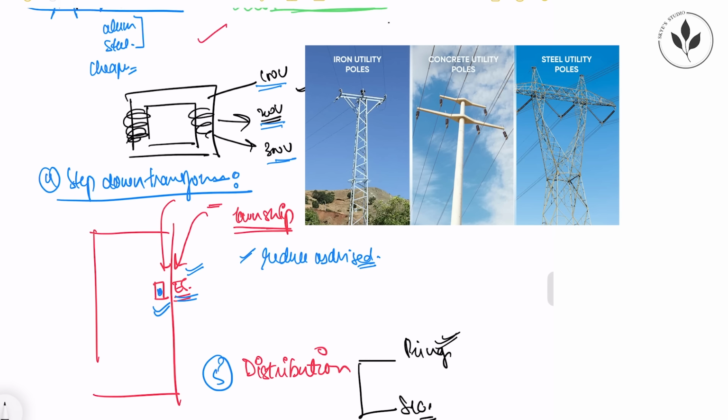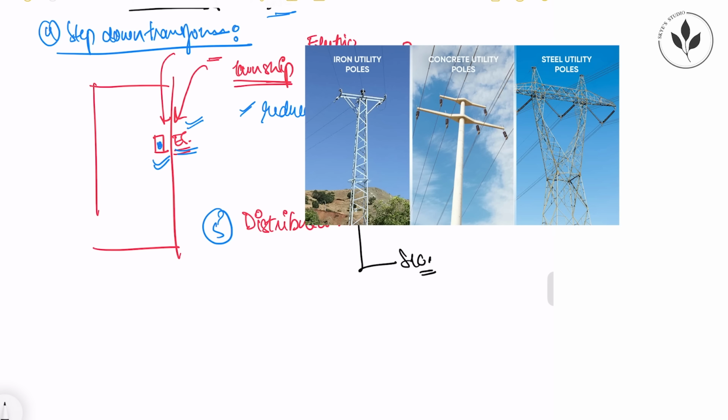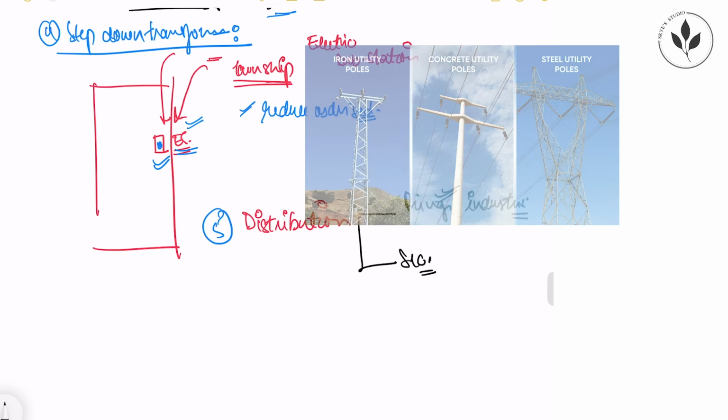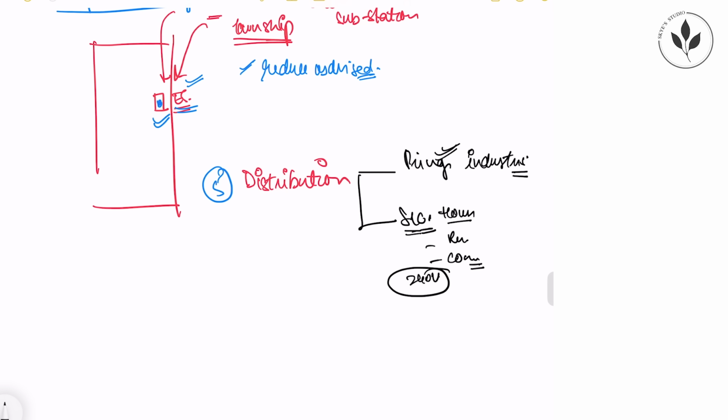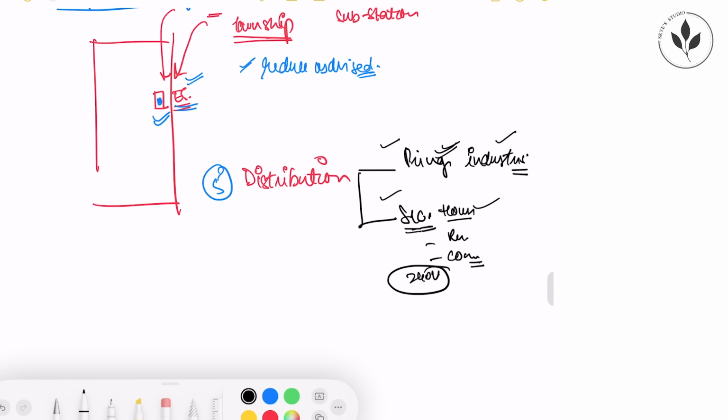The primary distribution refers to the distribution that is sent to our industries, because in industries we need more electricity, a higher voltage, as compared to our houses, residential properties or commercial properties. Houses will mostly need 240 volts at max. That is why these phases are divided into two parts, so that according to the usage of the area, the electricity can be further distributed.